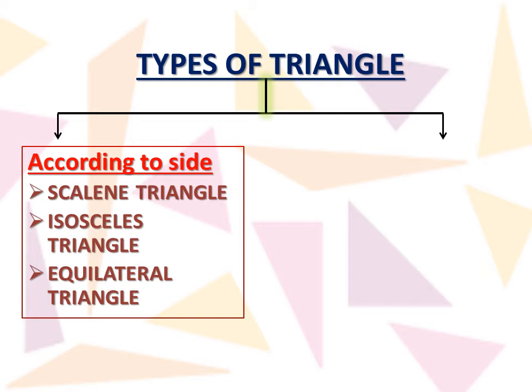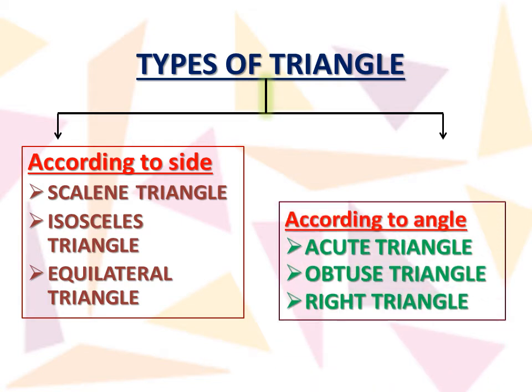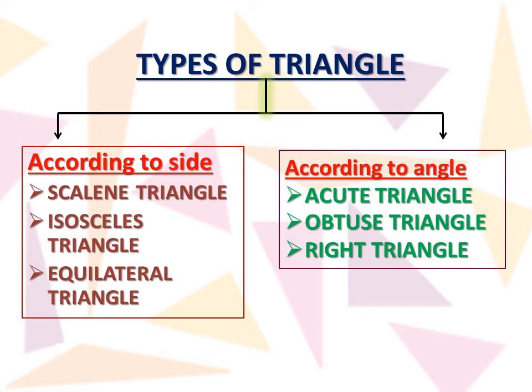The second classification considers the angles of the triangle. As in previous slides we have studied, a triangle has three angles. So according to the angles, we have three types of triangles: acute triangle, obtuse triangle, and right triangle.